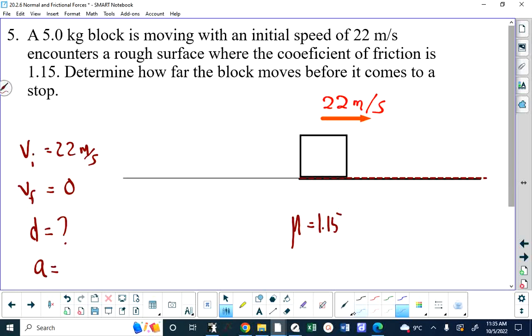So this is what's going to be happening a lot. Acceleration from here is a dynamics thing. It has to do with forces. But when we put the acceleration here, it's a kinematics thing. It has to do with all these variables. Alex, do you know how we could go about finding the acceleration?